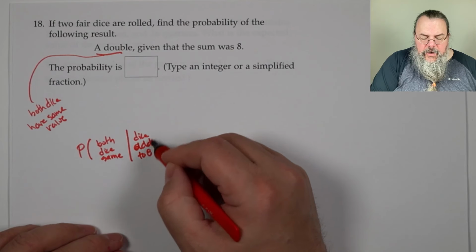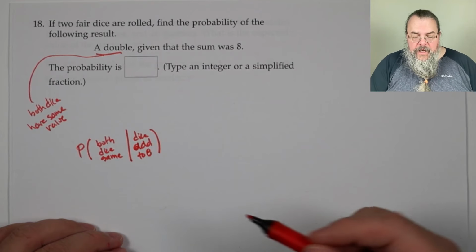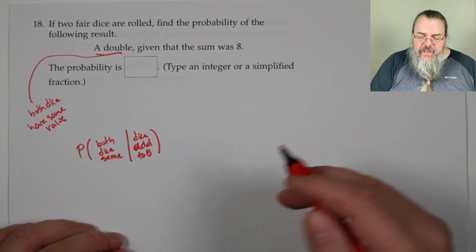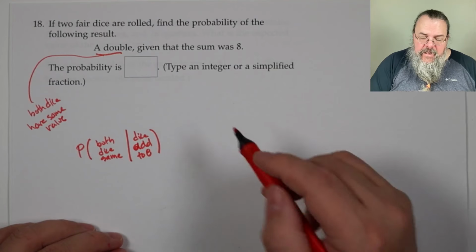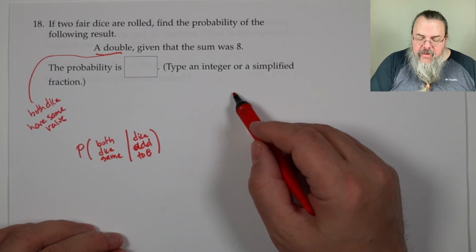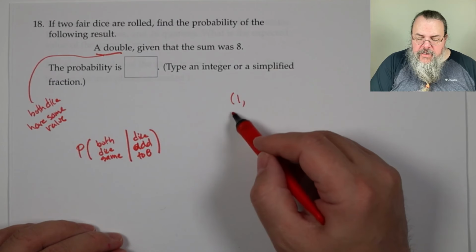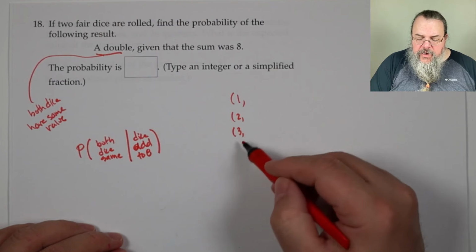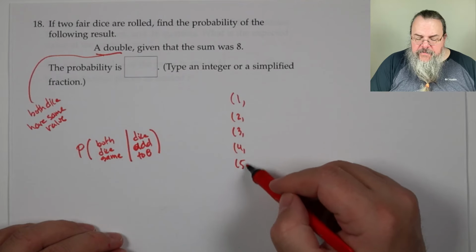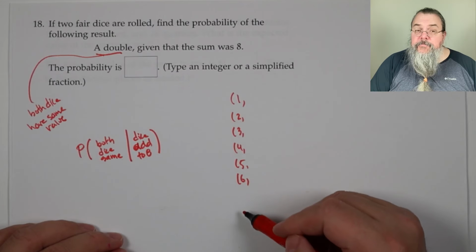That's the question that we were asked. And we can phrase it this way, but let's just make it simpler. So we have two pairs of dice. So the first dice can be a 1, a 2, a 3, a 4, a 5, or a 6.